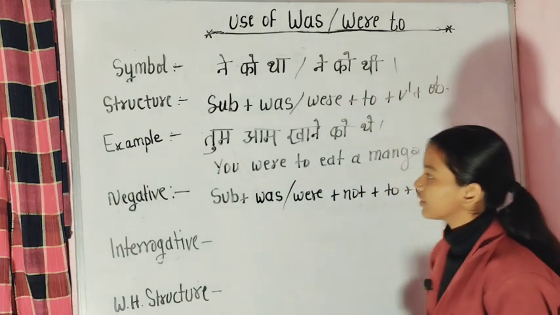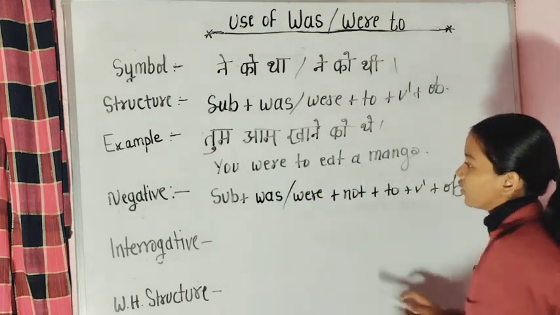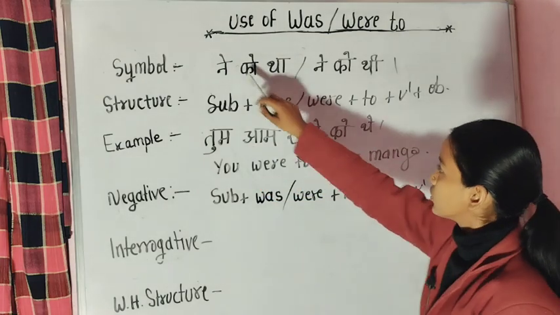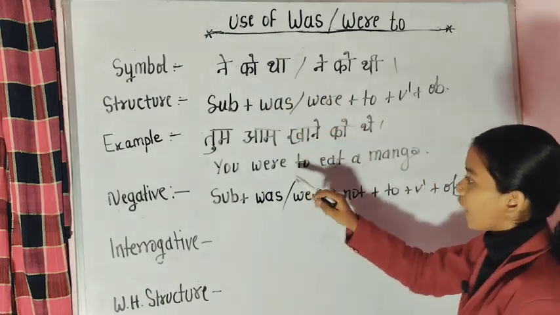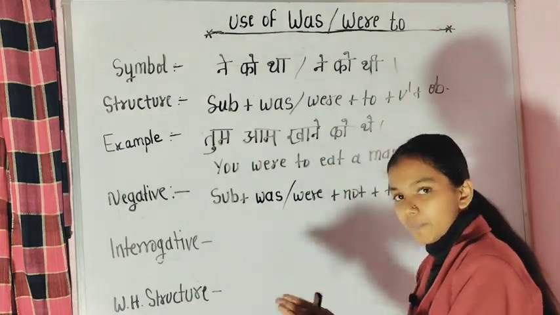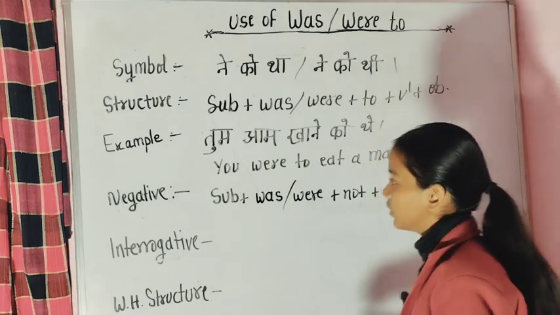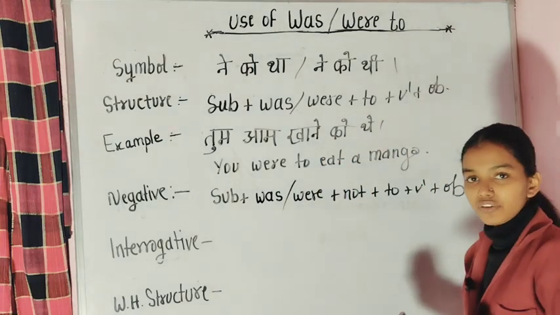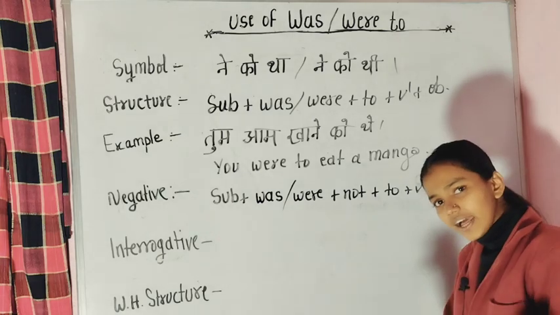Suppose you take a simple example: तुम आम खाने को थे. Here "ने को थे" is used. I'm going to convert the simple example into a negative example: तुम आम नहीं खाने को थे.